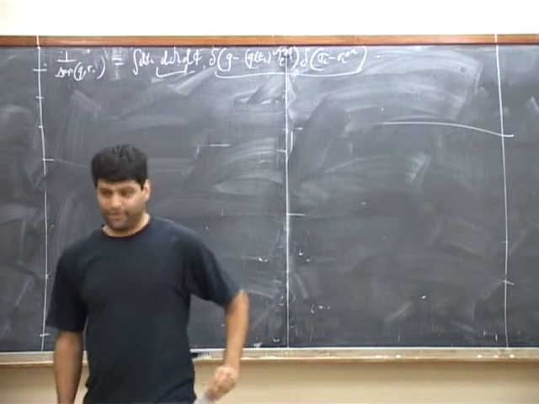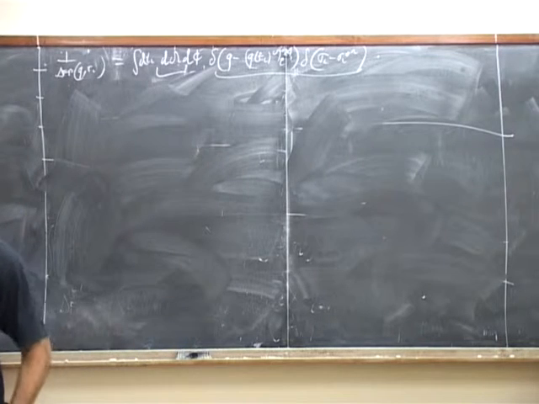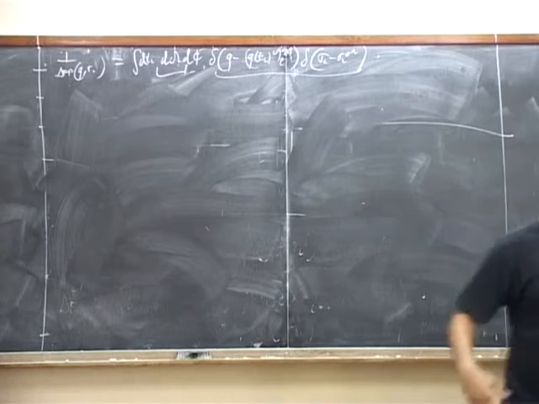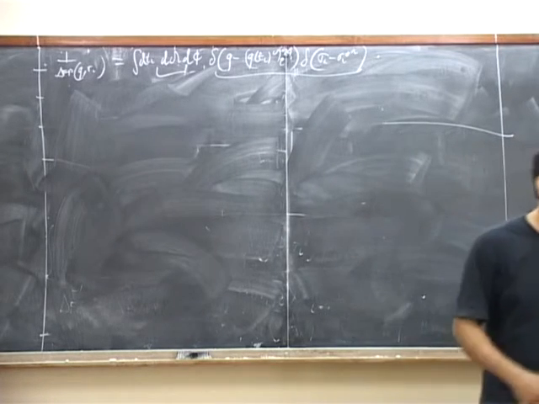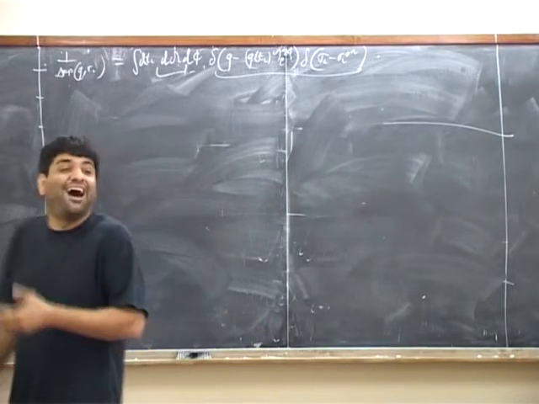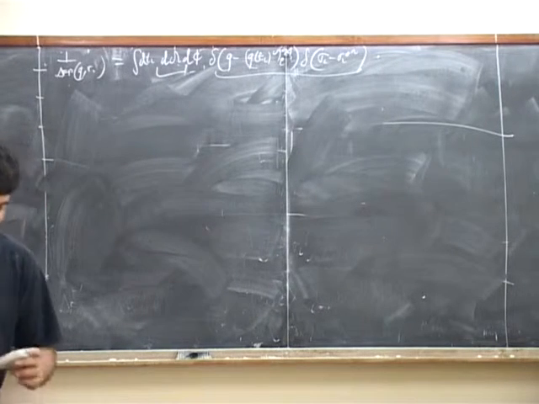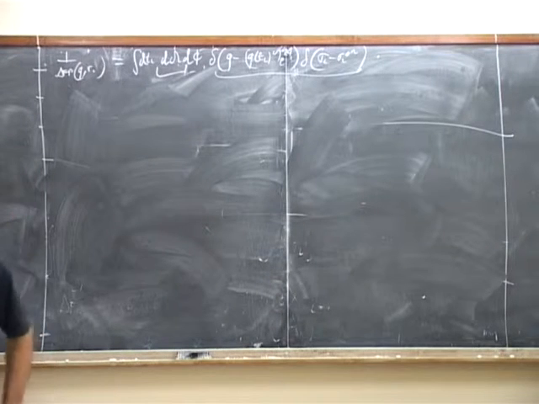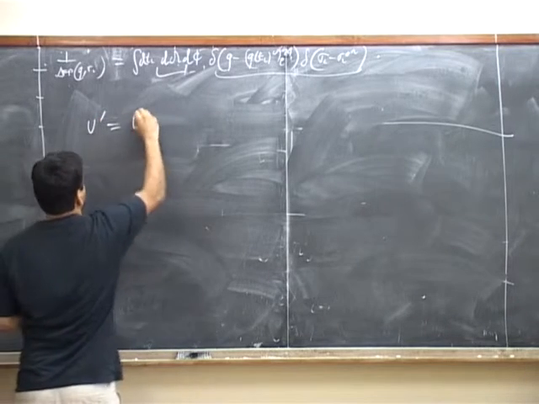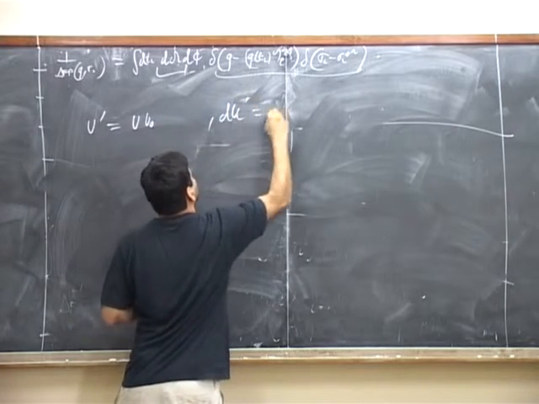So what's the equivalent of this for a Lie group? Suppose you were doing an integral over all group elements, for instance all unitary matrices. It's always possible for a Lie group to define what's called the Haar measure, which is an integral over the group manifold with a measure such that if you take u prime equal to u times u naught, then d of u prime is equal to d of u.